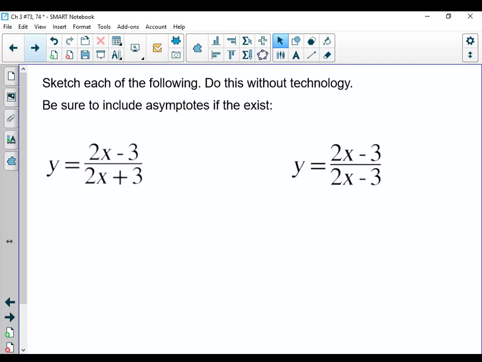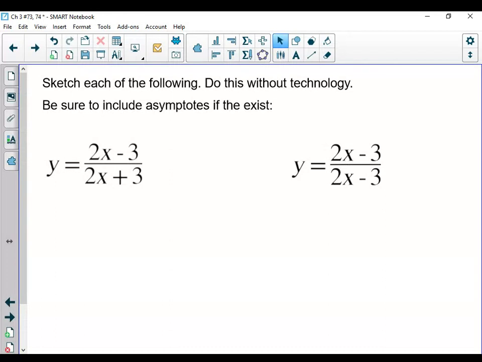Now you can go ahead and use some technology to see what those graphs look like. Remember, when you enter it in the calculator, you have to put parentheses around the 2x minus 3, and then parentheses around the 2x plus 3.